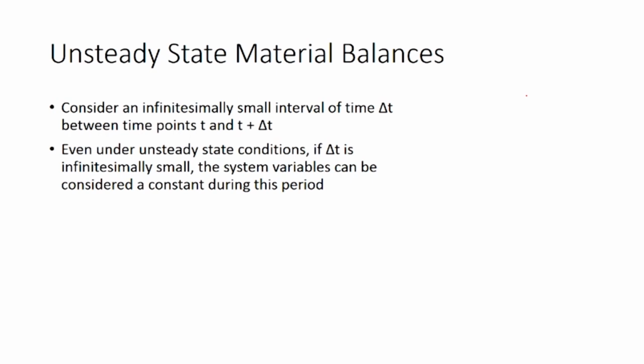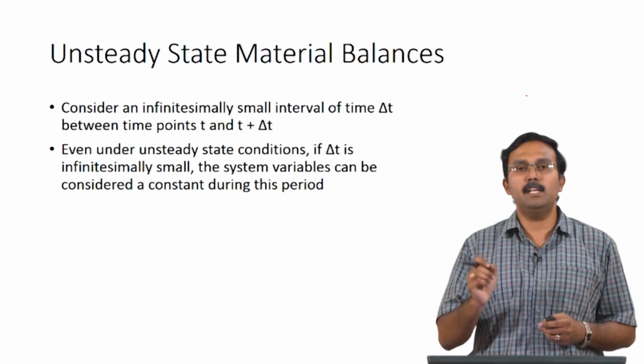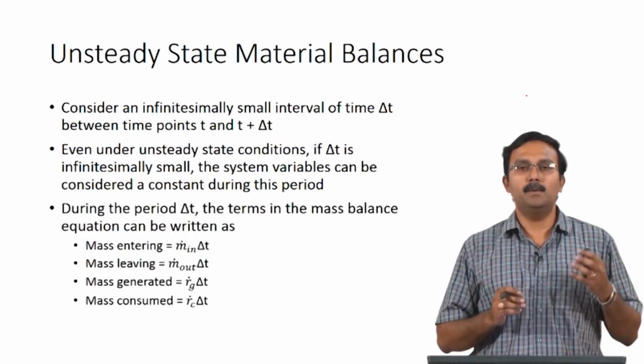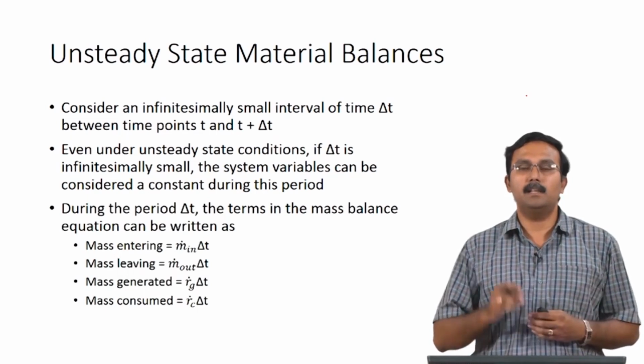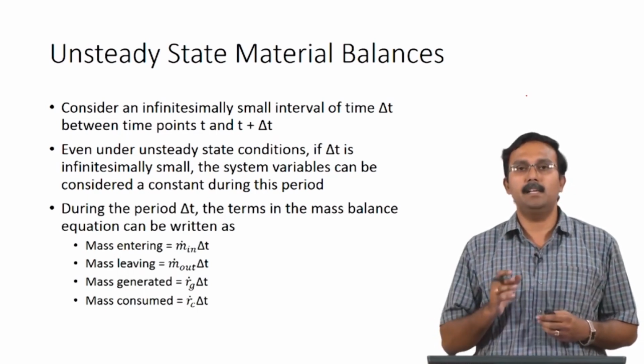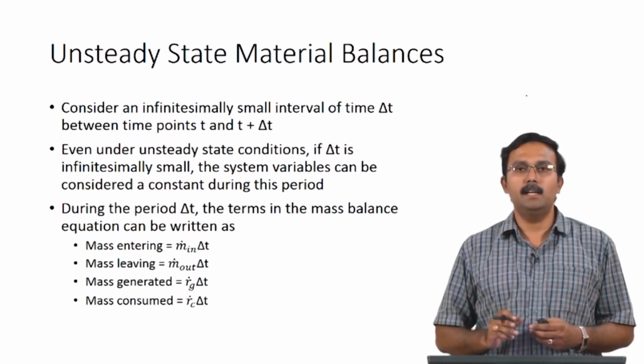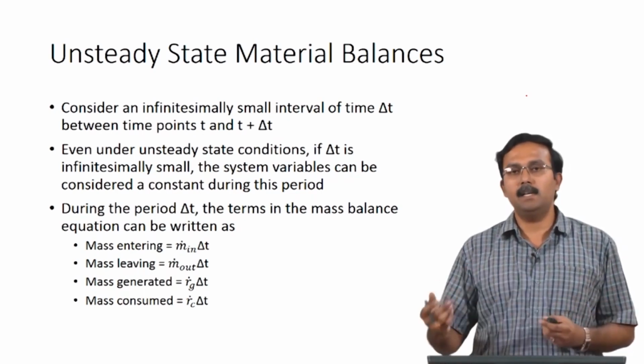So, even for an unsteady state process, we can assume constant system variables for very small time periods. Using that we would be able to calculate the mass entering, mass leaving, mass generated, mass consumed within this time period as the rates times the time.